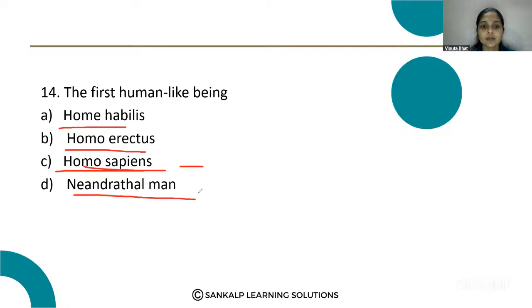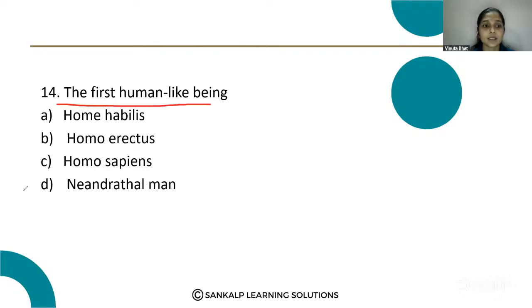Neanderthal man is not the first human-like being. He is already developed, more similar to Homo sapiens. So it is Homo habilis or Homo erectus. The same definition is given in your NCERT book: the first human-like being.